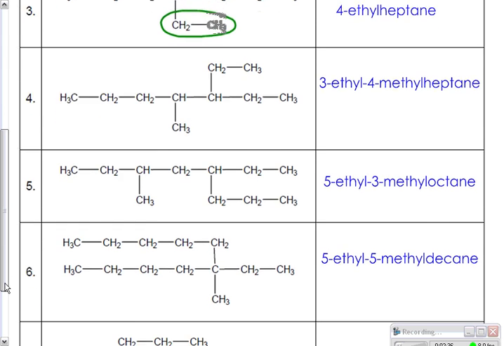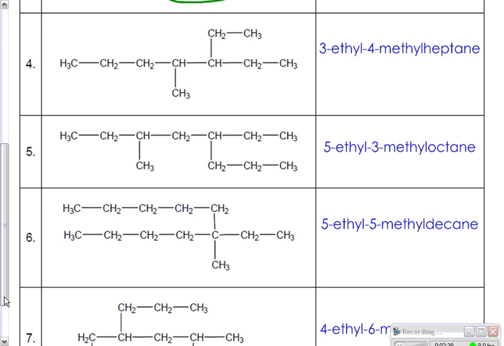Moving on to problems 4, 5, and 6. If you look at problem number 4, the answer is 3-ethyl-4-methylheptane. Again, your job is to find the longest continuous chain of carbons. So if you check 1, 2, 3, 4, 5, 6, 7, even if you were to turn up 1, 2, 3, 4, 5, 6, that's shorter. So you have to go with that parent chain. All of these groups that are hanging off of the parent chain get circled, and you number the parent chain so that the circled substituents have the lowest possible numbers.